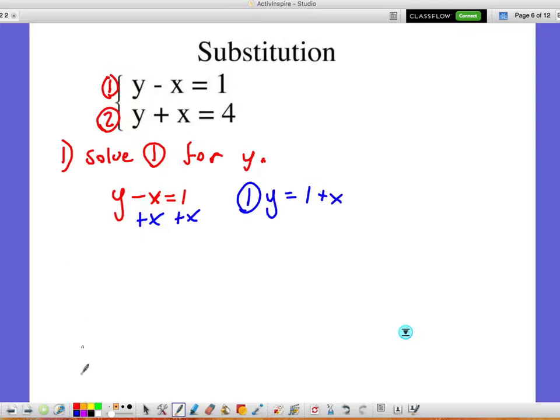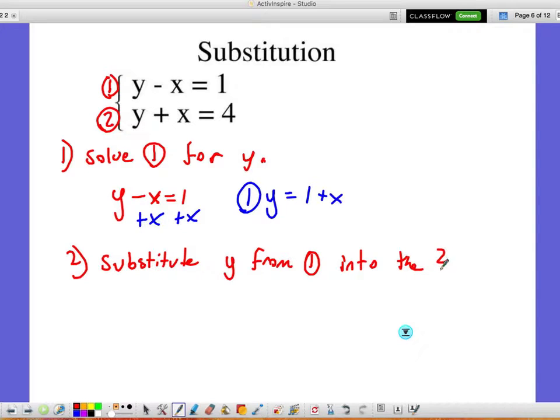Now we're ready for step 2. Substitute y from your first equation into the second equation. So y is equal to 1 plus x.